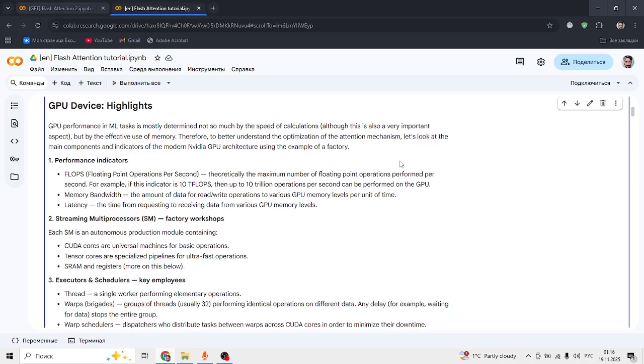Okay, let's start. So GPU, as you know, is used to train language models and neural networks in general. It has become possible because GPU lets you parallelize almost any task on a lot of cores.